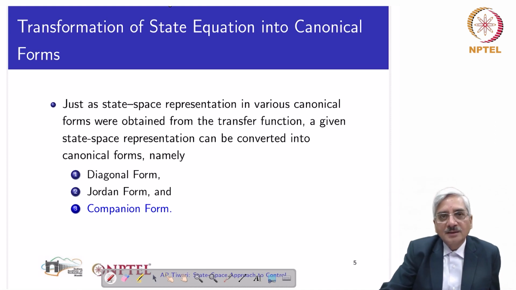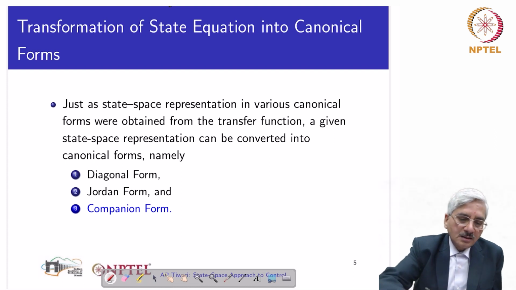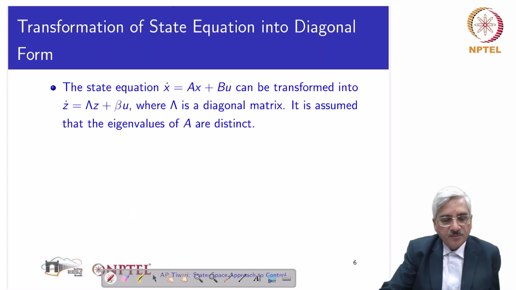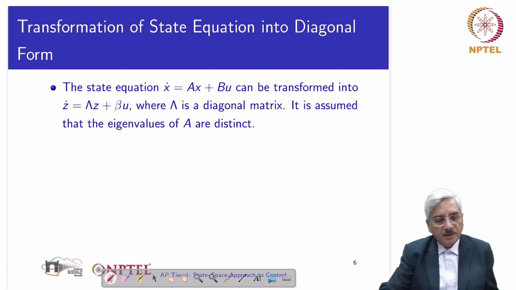In this lecture, we are going to discuss how we can obtain the transformation to transform the given system into diagonal form, Jordan form, and first companion form. Essentially, it is to obtain the transformation. And of course, there will be examples for each one of them.